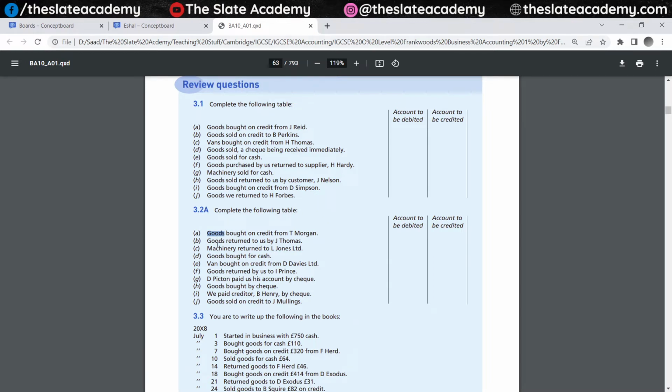Next one. ठीक है, just hold on, एक काम करते हैं, let me copy this on the concept board.